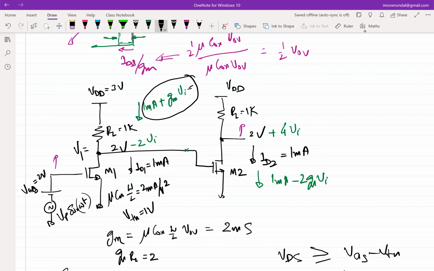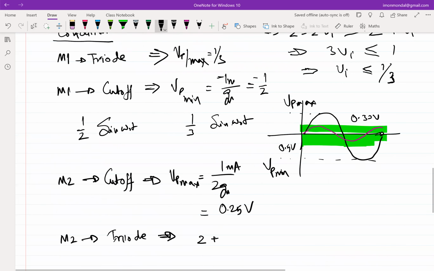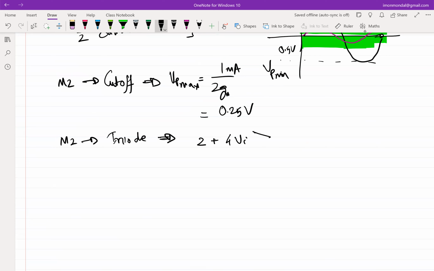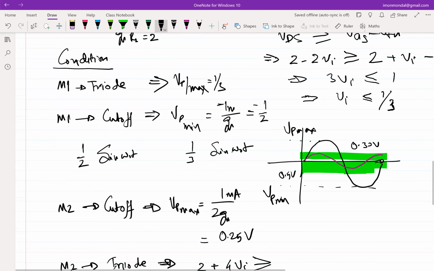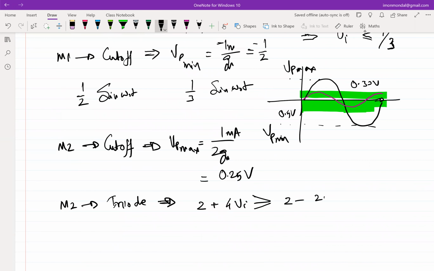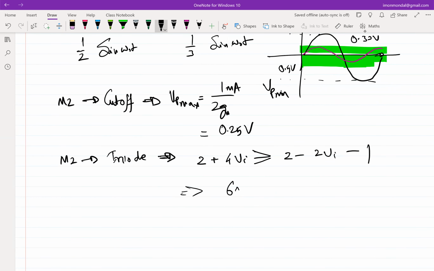Total VDS should be, so 2 plus, what was the condition? 2 plus 4 Vi should be greater than 2 minus 2 Vi minus threshold voltage, right? 2 minus 2 Vi minus 1 volt, which means 6 Vi should be greater than minus 1.